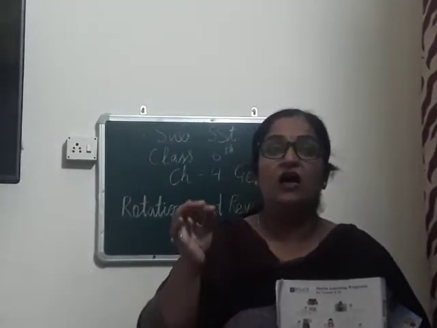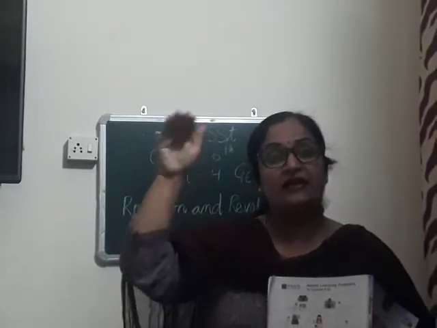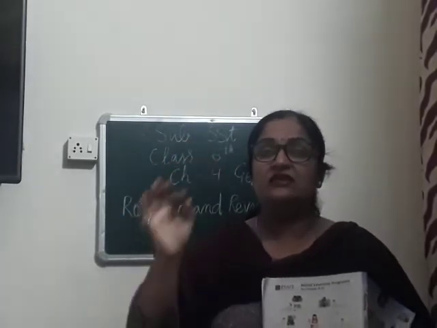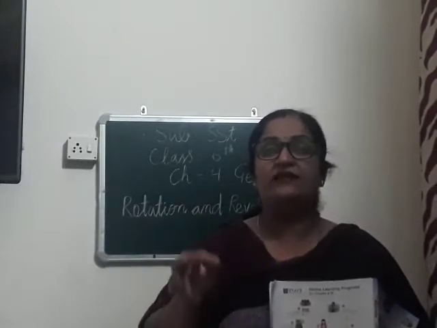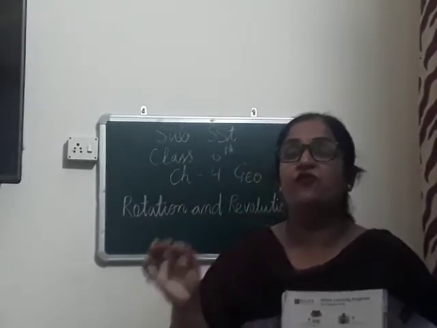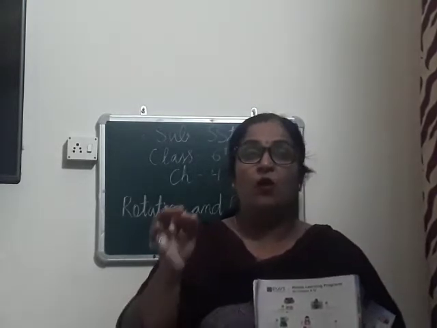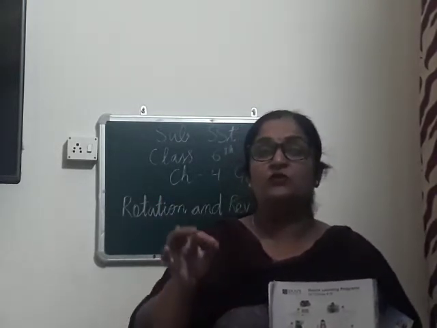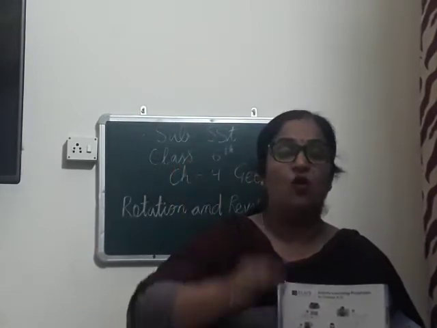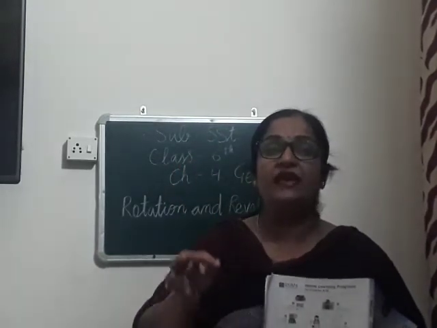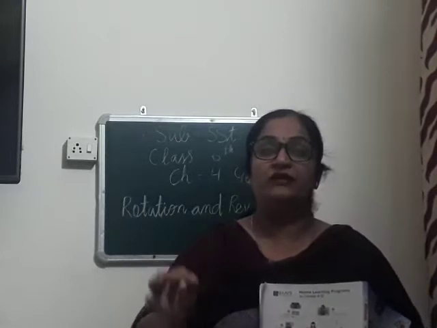Neither of the poles is tilted towards the sun. The sun rays are in transition from one hemisphere to the other. It is neither very hot nor very cold during this time.